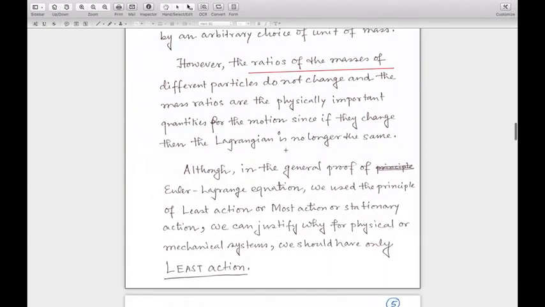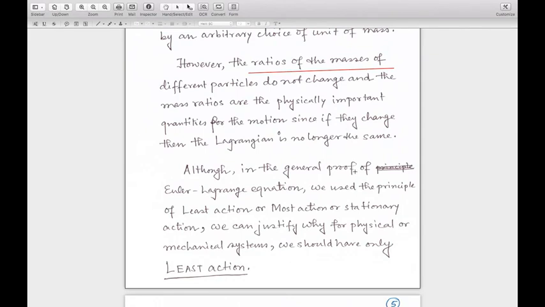Now, we have to remember that in the general proof of the Euler-Lagrange equation using the calculus of variation, we used the principle of stationary action. We said the action can be least, most, or stationary.